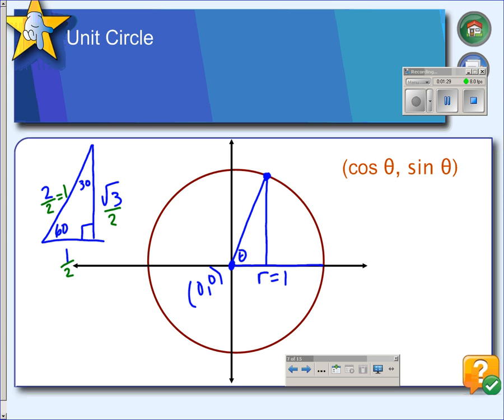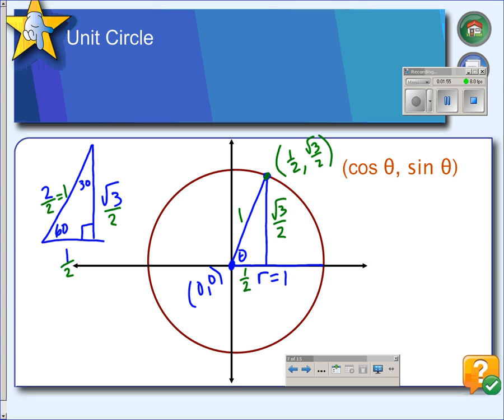So our 30, 60, 90 triangle can be used in the unit circle. If we make the hypotenuse equal 1, we know the x direction is 1/2 and the y direction is root 3 over 2. So the coordinate to this point on the circle would be 1/2, root 3 over 2.